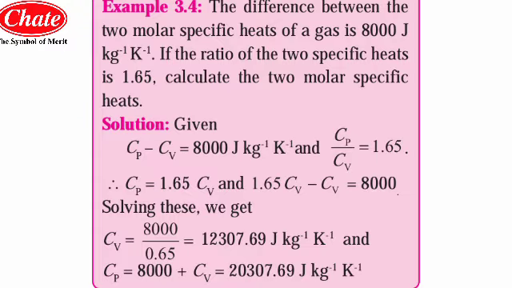If you calculate this with the help of your log table, then the value of Cv you will get is 12307.69 joule kg^-1 K^-1. And again, if you have to calculate the value of Cp, then simply you can put it in any of the above equations, that is Cp minus Cv is equal to 8000 joule kg^-1 K^-1.